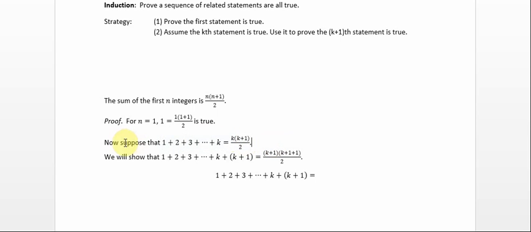The case statement we're allowed to assume is true. We get to assume that and use it to do the k+1 statement. The cool thing is I have 1 through k being added up. We just have an extra term now. And I know 1 through k added up equals this. So I can replace 1 plus 2 plus 3 plus and so on up to k with k times k+1 over 2.